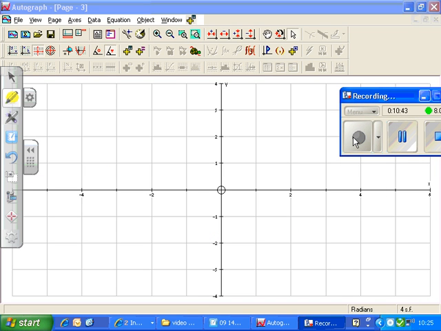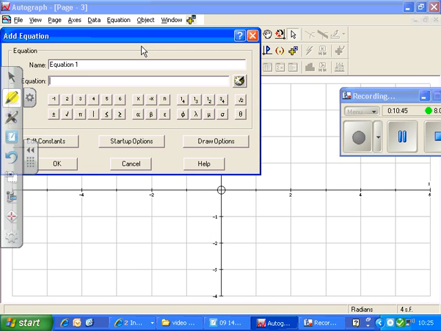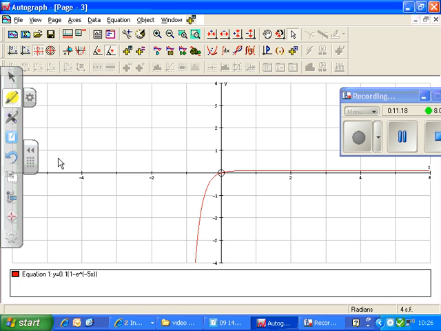So remember, Autograph only uses y and x as variables, so the dependent variable, which in this case is the current, is going to have to be y equals 0.1 open bracket 1 minus e to the power, which is the hat symbol above the 6, and then I always put everything that follows in the bracket so it knows that it's to the power of all that follows, minus 5x. Close the bracket and then close the bracket again and hit OK.